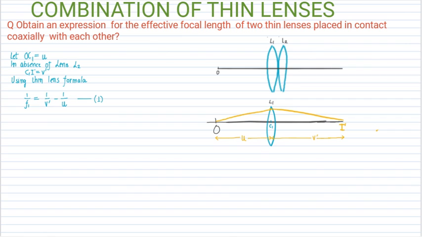Now let me draw this in your main picture. So what happened is that a light starts from the object O and it strikes the lens L1. And then after refraction, it forms an image at I dash.